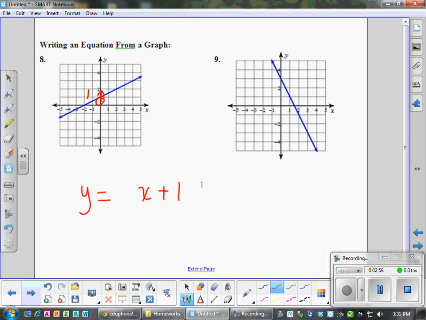I go up 1. How many do I go over? I go over 2. So it's 1 over 2. My slope is 1/2 because it's the change in my y over the change in my x. How many do I go up or down from the points to how many do I go left or right from the points? Please go ahead and do this for equation number 9.